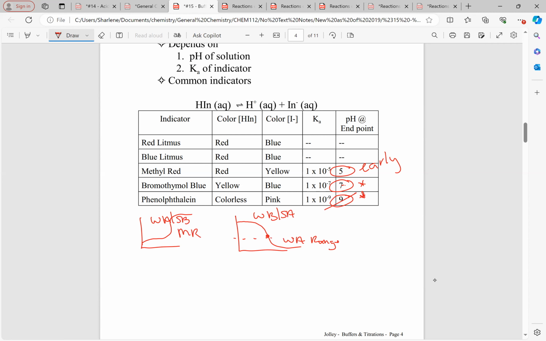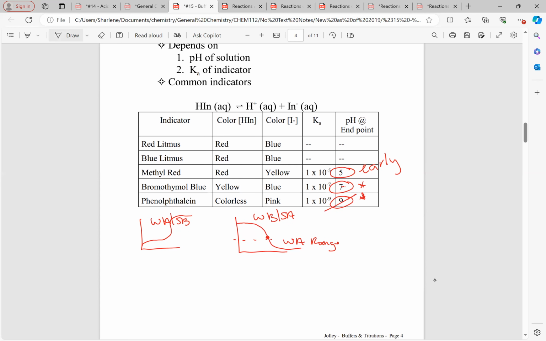Okay, I said that completely wrong. The methyl red cannot be used for my weak acid. That's the one that's bad. So phenolphthalein or bromothymol blue. Methyl red would be nice for my weak base, strong acid.